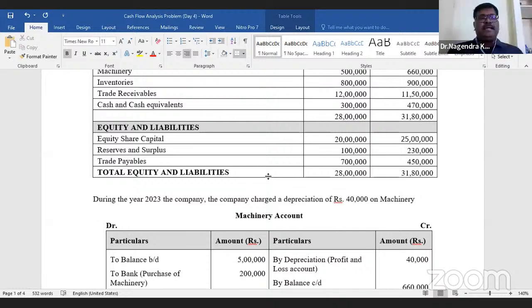See, yesterday and today we have learned all these tools. We have learned comparative financial statement. We learned common size financial statement. We have gone through trend analysis. We have gone through ratio analysis, and now funds flow and cash flow. So each one has an individual necessity, individual requirement.